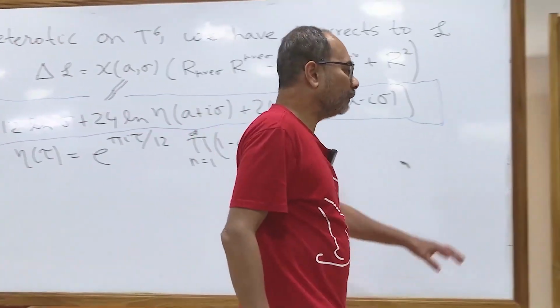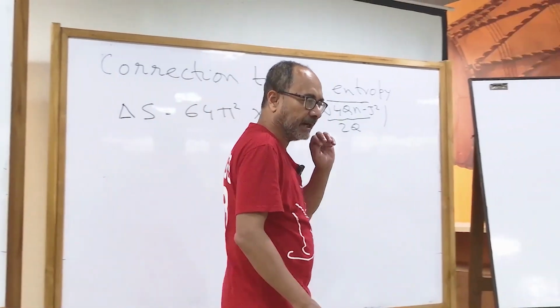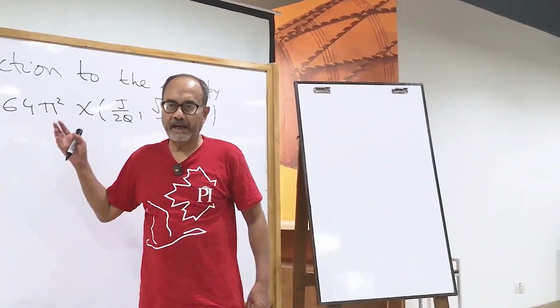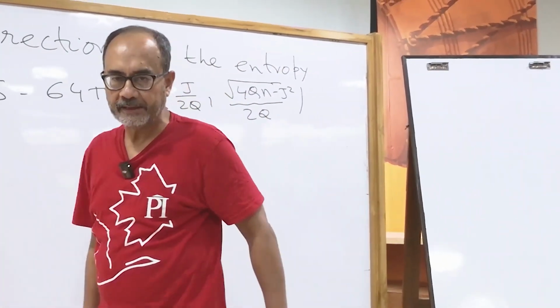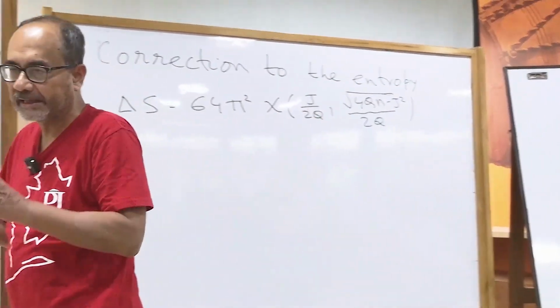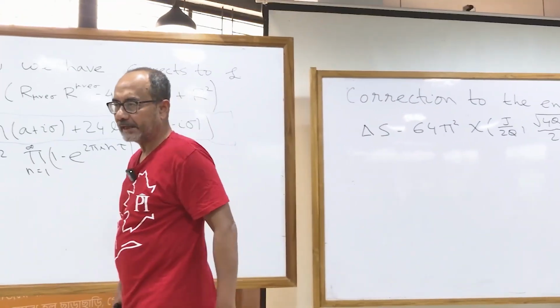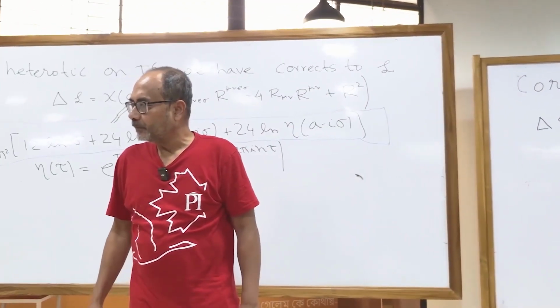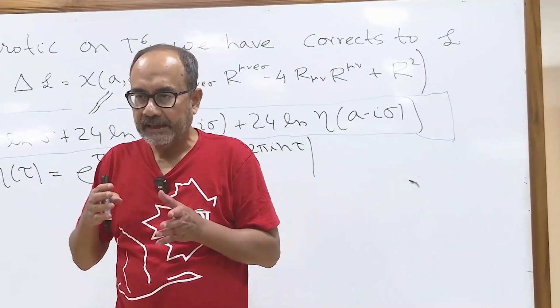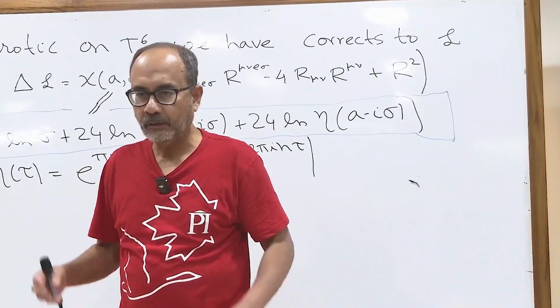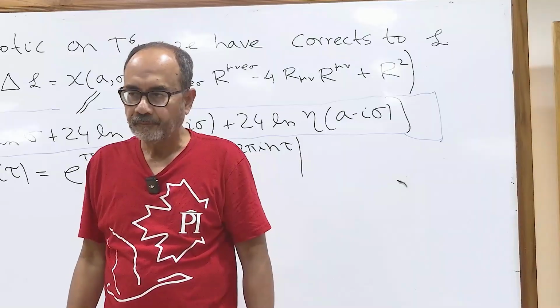But now that we have got this correction, we can ask, does it have anything to do with microscopic counting? We did the microscopic counting, and we got the result. We have in fact the exact result, because we have the exact expression for omega. And we discussed how to extract the behavior for large charge, which is to use the steepest descent contour.